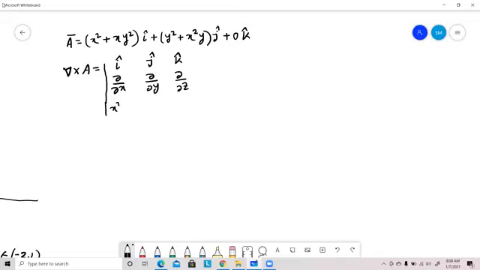So x square plus xy square, y square plus x square y, 0.